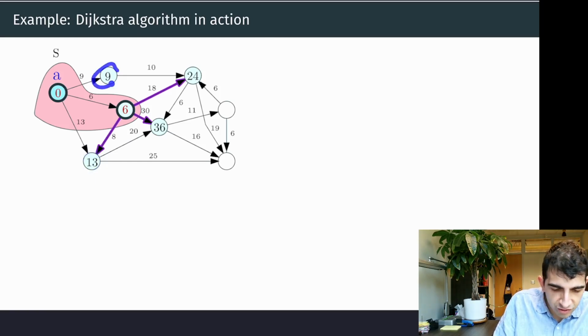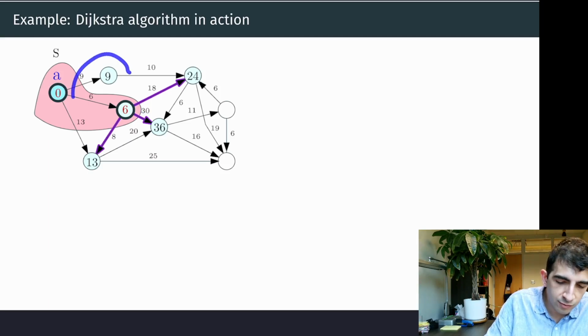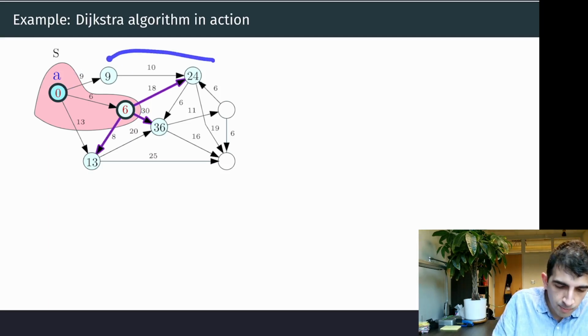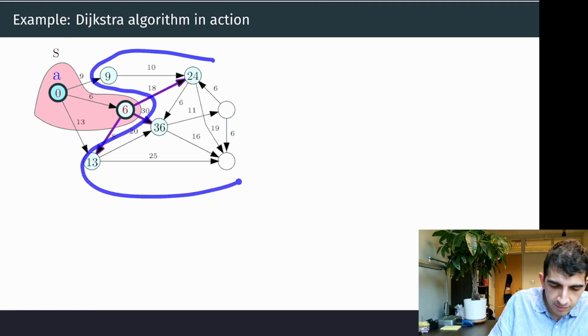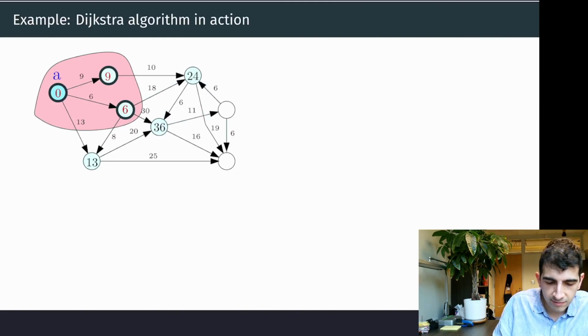And this doesn't change because it's not connected to 6. But these two that had originally infinite distance, now we get a maximum path distance of 24, 18 plus 6, and a maximum path distance of 36, 30 plus 6. Okay? And now, in order to find the next vertex that should be added to x, I just find the minimum value of v minus x. And in this case, that's this node right here.